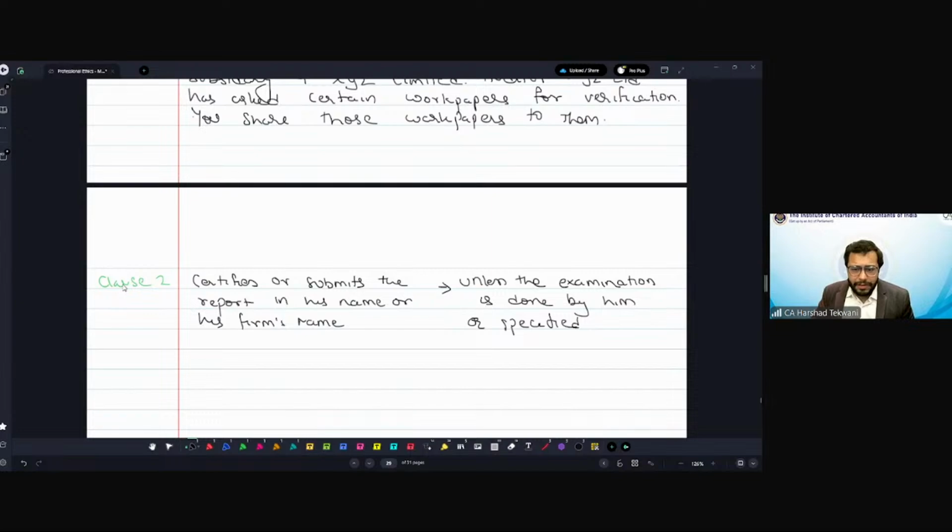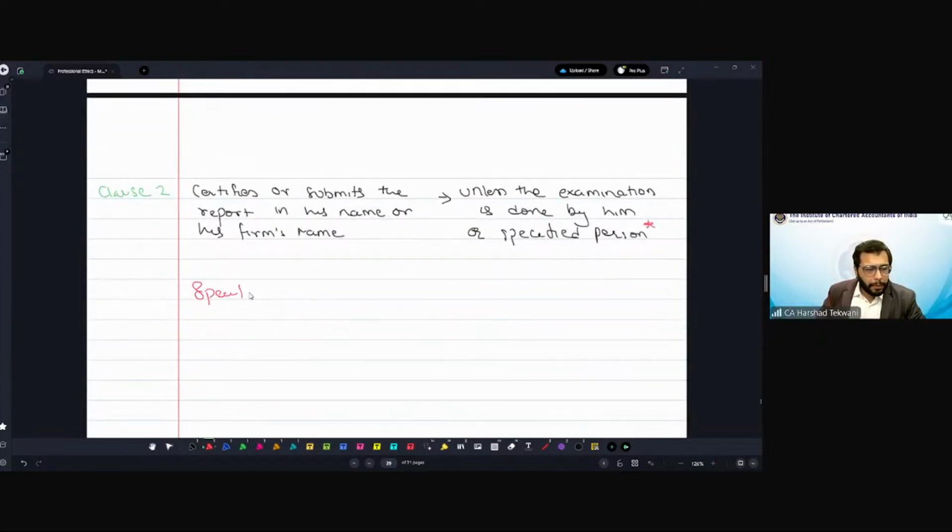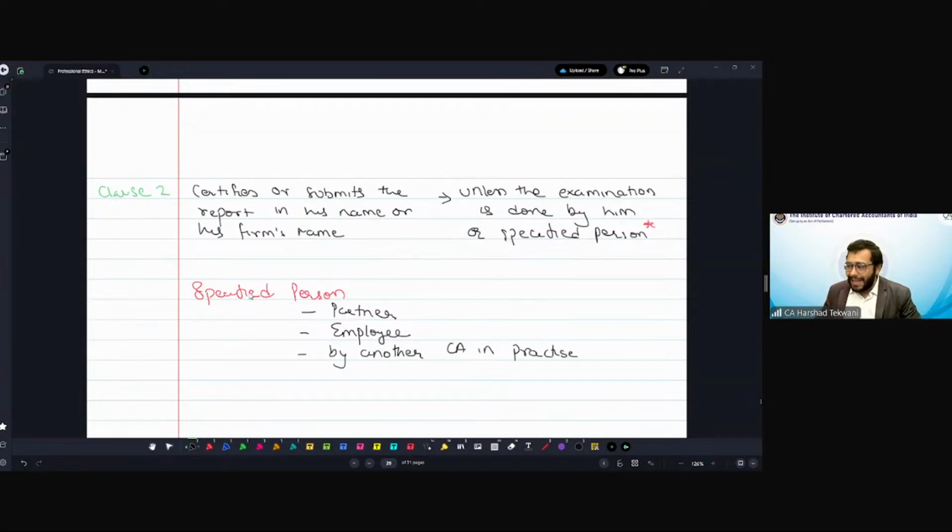Now, specified person means either a partner, or an employee, or you can say another CA in practice. In that case, it is fine. Otherwise, he will be held guilty of professional misconduct.